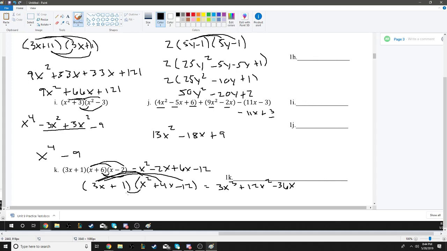And distribute the 1 all the way through. 1 times x squared is x squared. 1 times 4x is positive 4x. And 1 times negative 12 is negative 12. Okay. So that's equal to 3x to the 3rd power plus 13x squared minus 32x minus 12.